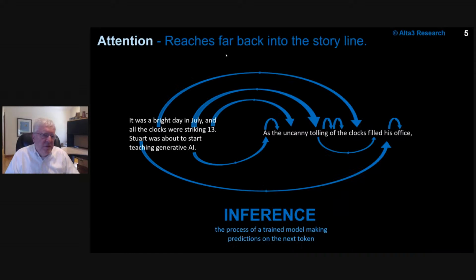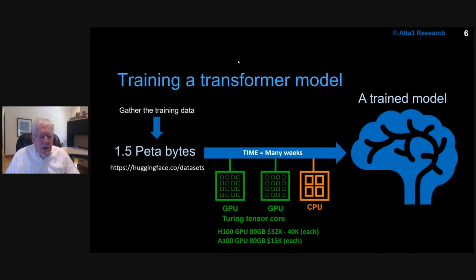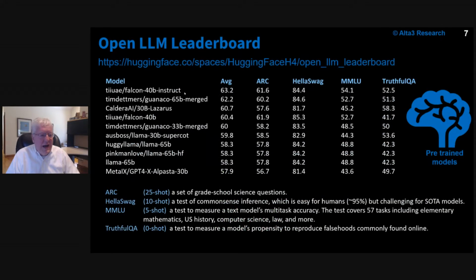And we already know that's a $40,000 GPU. So could I run this on an A100 that is considerably less? And the answer is actually yes. In fact, the top performing model of the pre-trained models is the Falcon 40B.